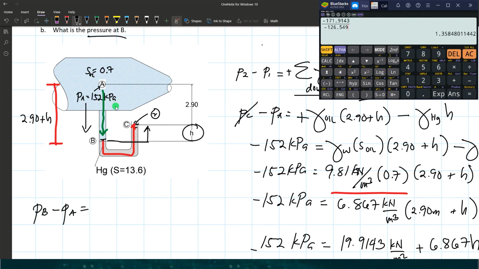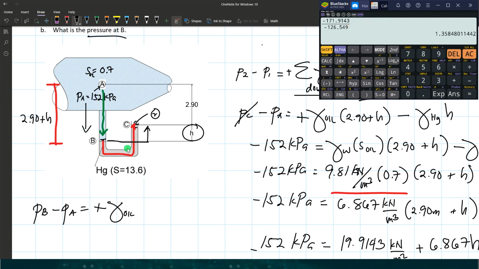Since we have just one fluid that is concerned here, that is oil only up to point B, we only have one, that is the positive product of unit weight of oil times the height.